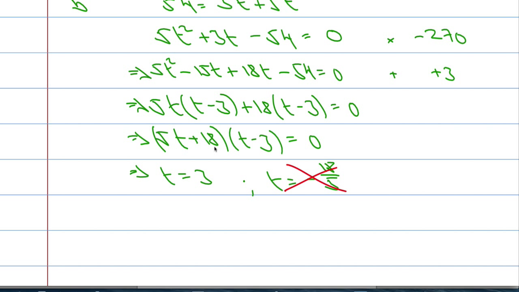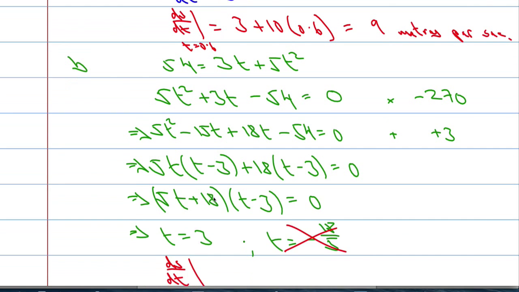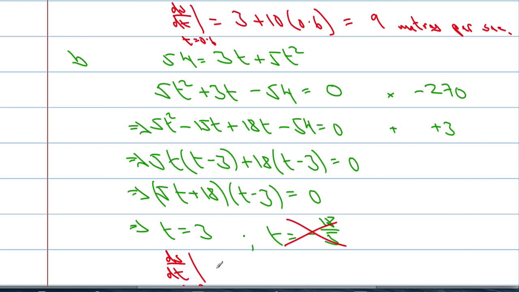I need ds dt evaluated after 3 seconds. So ds dt after 3 seconds, we get 3 plus 10 times 3, which equals 33 meters per second.